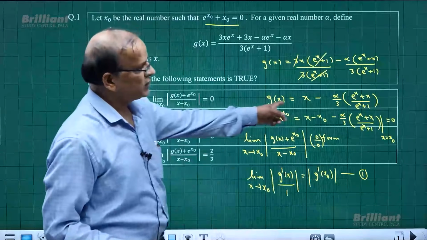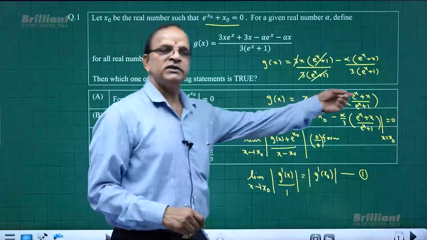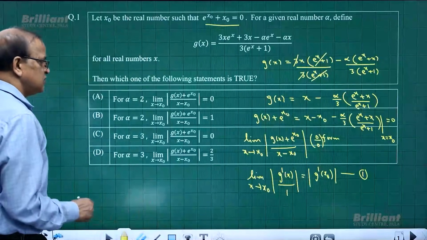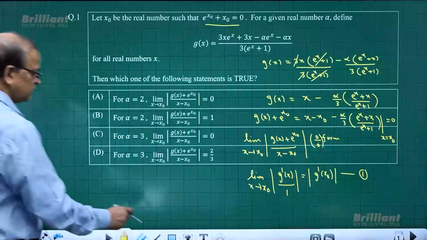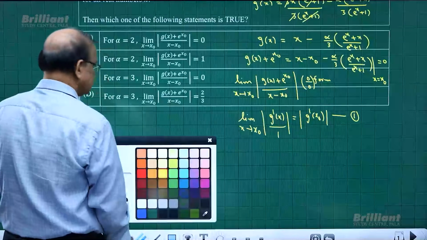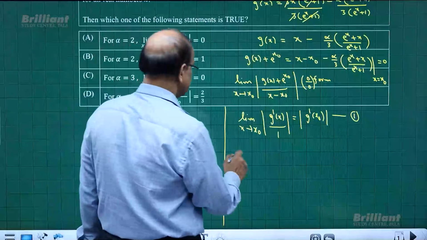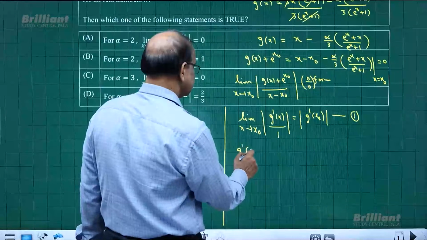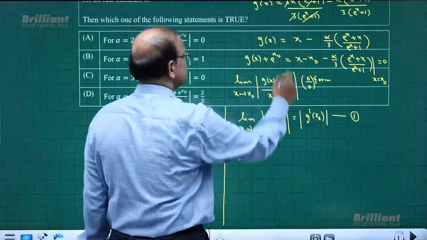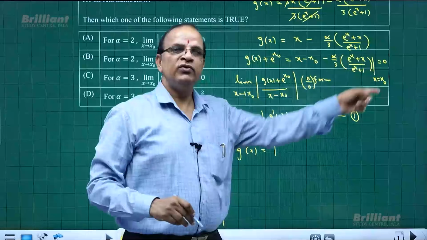But g of x is this, no? We can find g dash x and put x equal to x naught. So g dash x equals, here x derivative is 1, and alpha by 3 into the u by v method.